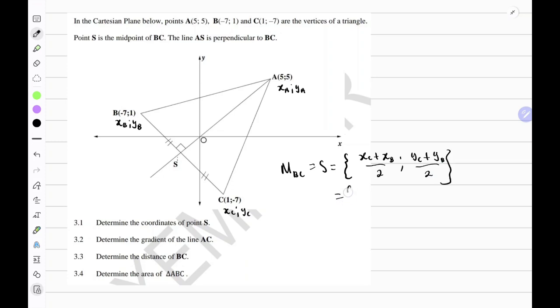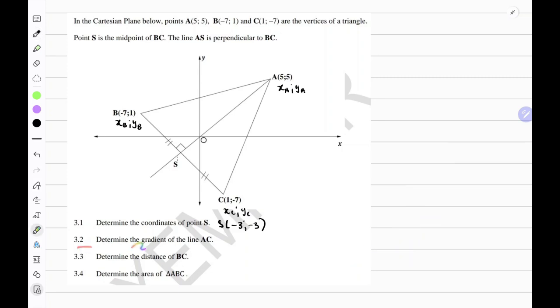Substituting, XC is 1 plus XB is minus 7 over 2, and YC is minus 7 plus 1 over 2. Minus 7 plus 1 is minus 6 over 2. So this is negative 3, negative 3.